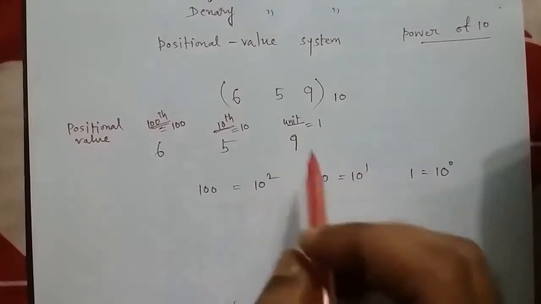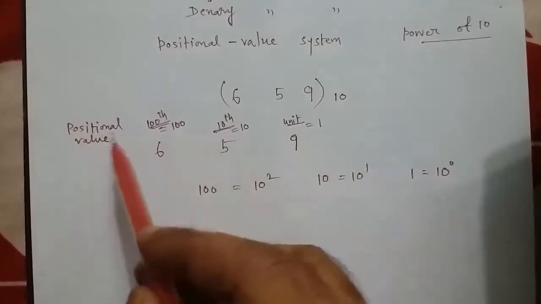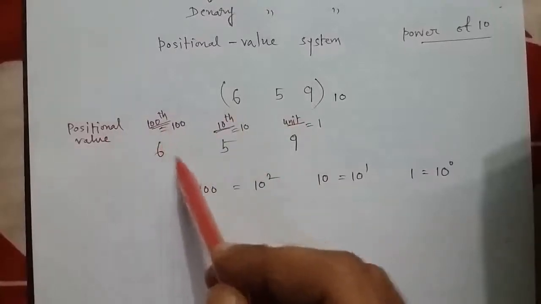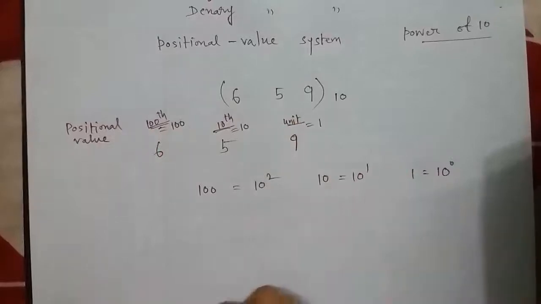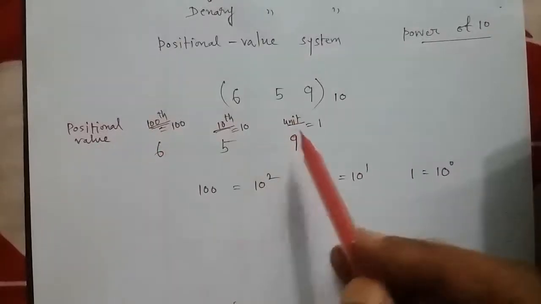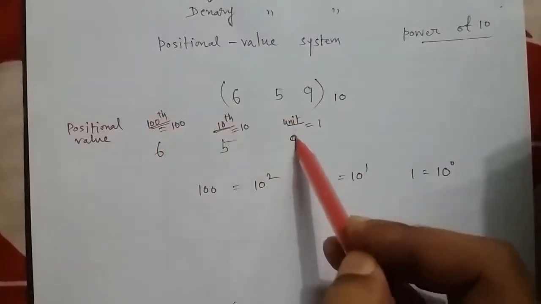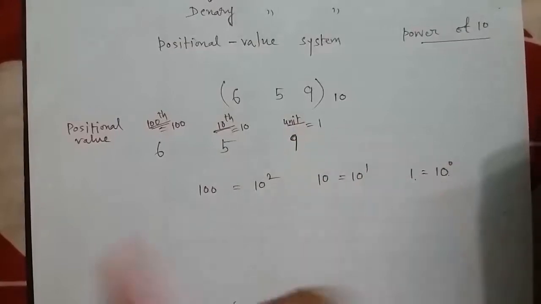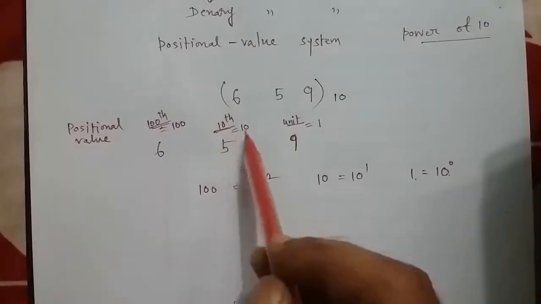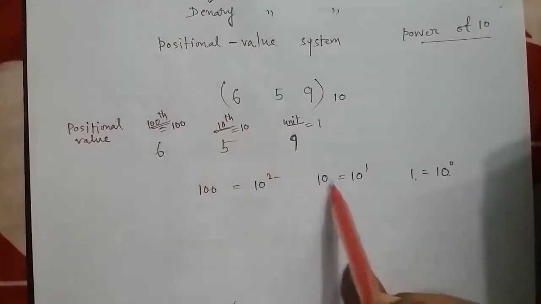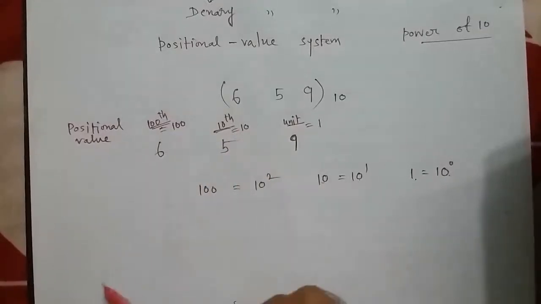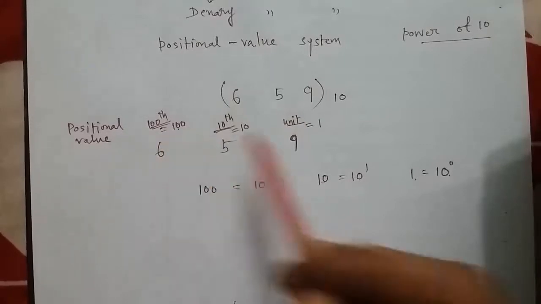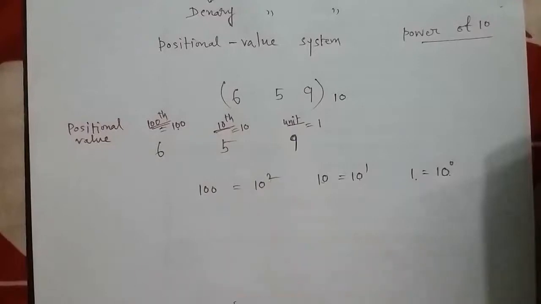So clearly you can see here that the positional value of every digit is expressed as a power of 10. The positional value of 9, here I can write 10 to the power 0 because 10 to the power 0 means 1. The positional value of 5, here I can write 10 to the power 1, and the positional value of 6 I can write here 100 because 100 means 10 to the power 2.